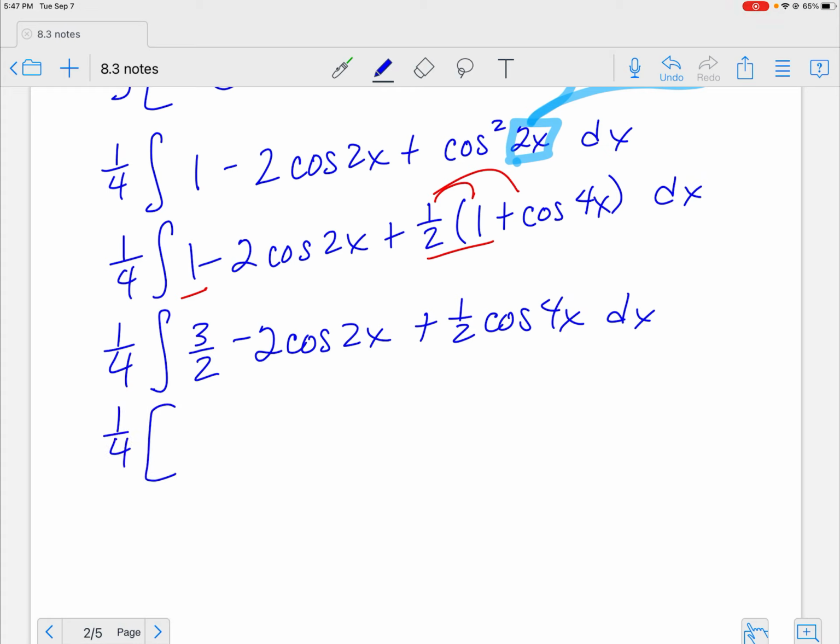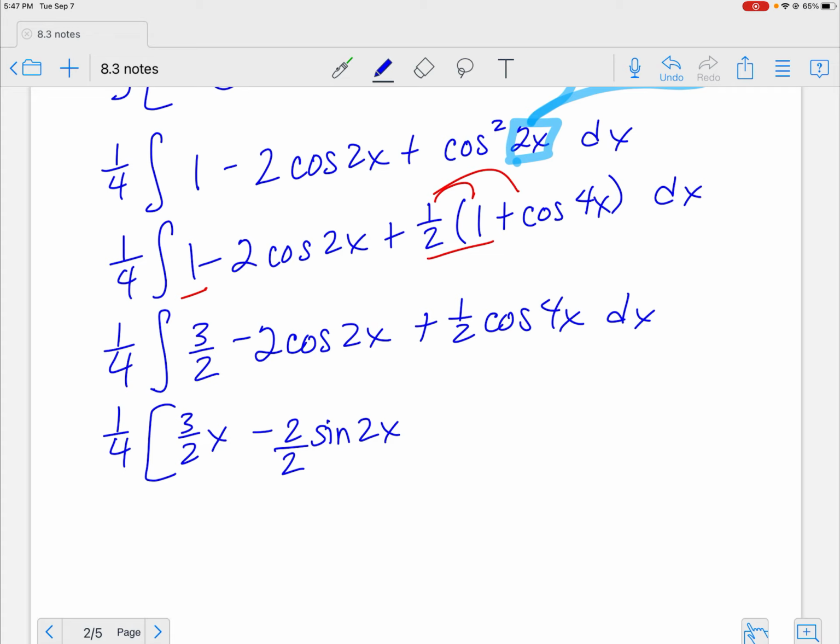So I've got 1/4. Here I have 3/2 x minus, when you take the antiderivative of cosine, right? So your antiderivative of cosine is going to be sine. So this is sine 2x, but I've got this 2 in front, and because I've got this inside function here of 2, remember that's a divided by 2 situation.